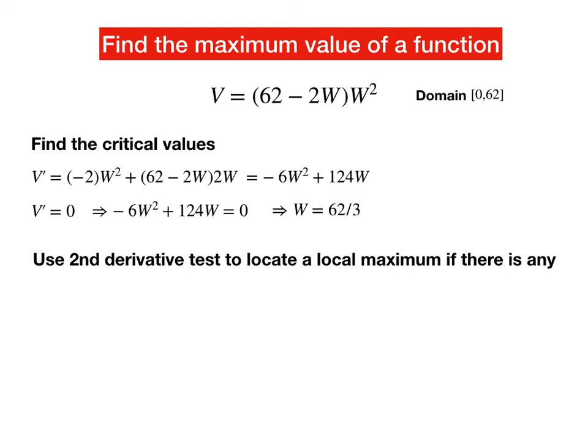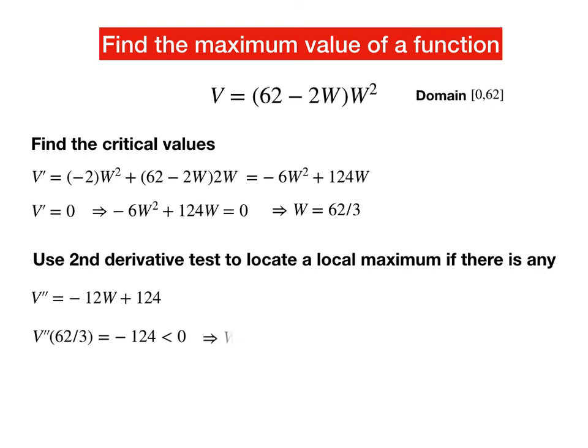We get a critical value, but we're not sure whether this critical value is a local maximum or a local minimum. This is when you can use the second derivative test to verify this critical value. We find the second derivative of the function V, and we plug the critical value into the second derivative function, which equals negative 124, a negative value.